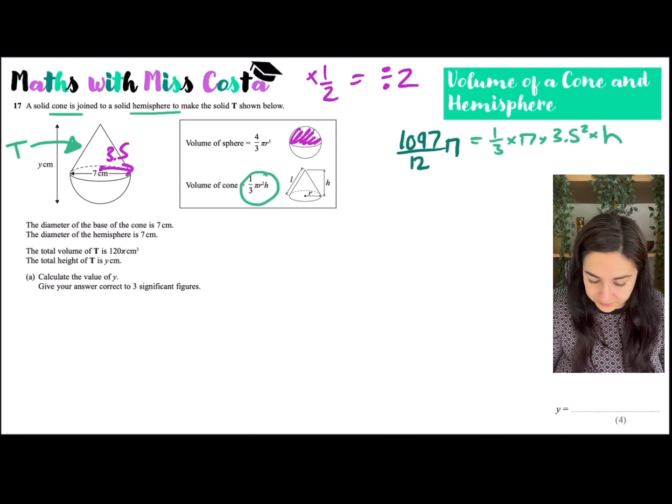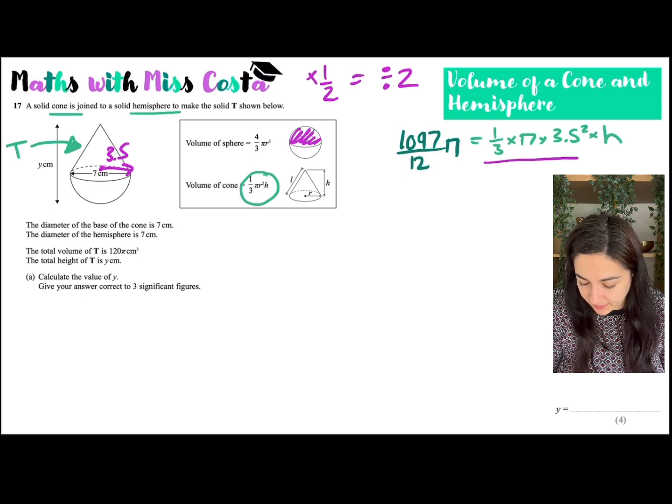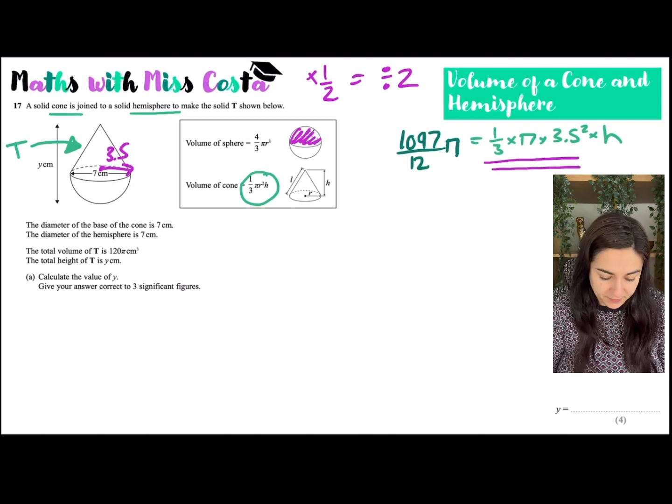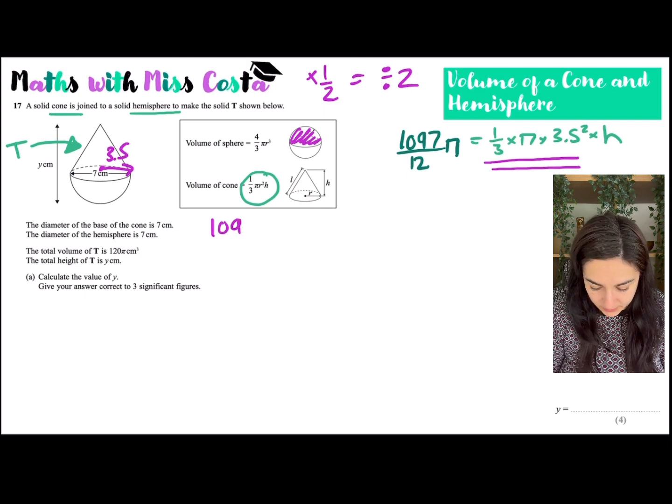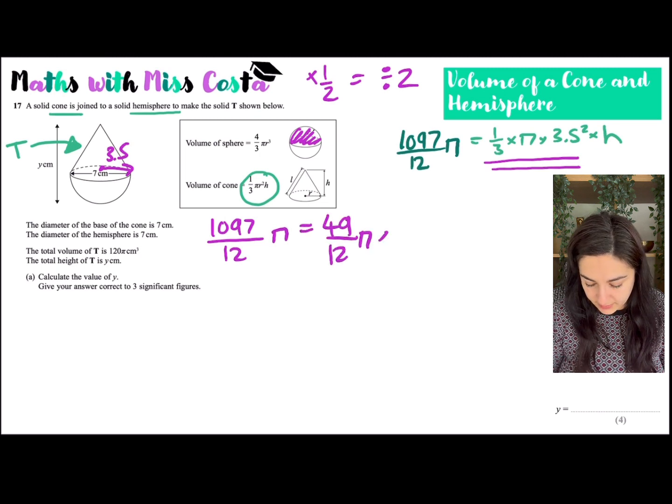So what can I do then? I can simplify this side of the equation here. So 1/3 times by pi times by 3.5 squared gives me, so I'll move over here, 1097 over 12 pi equals 49 over 12 pi times by h.